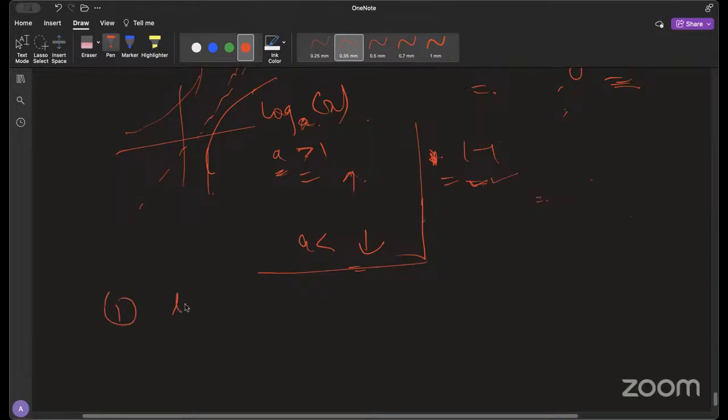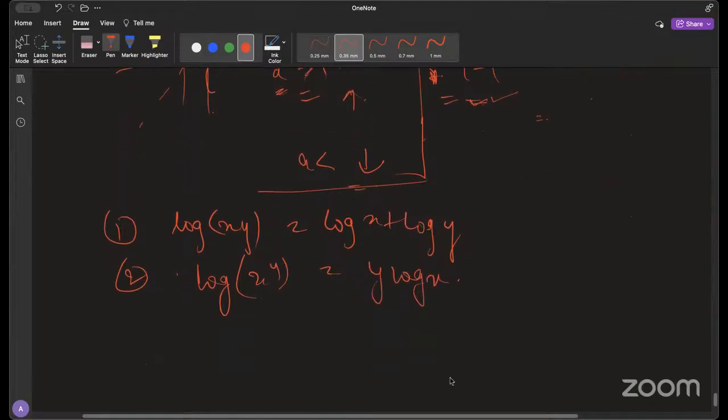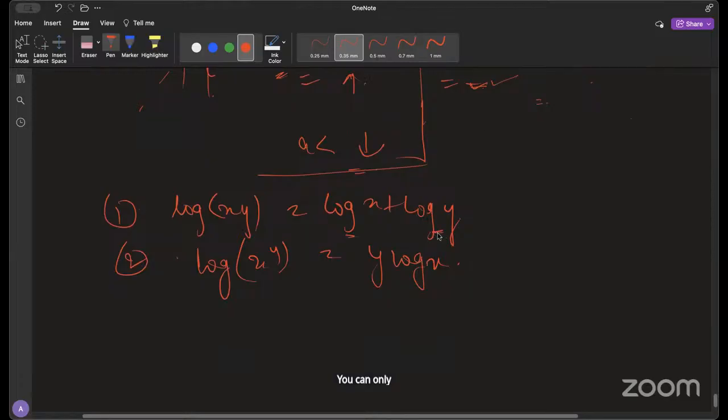First one is these basic properties. Then there is one for multiplication, and then the power one. You can only use it with the same base, so be careful of the bases.